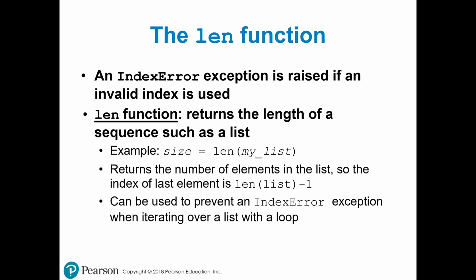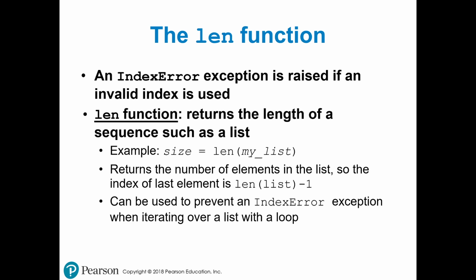All right. So if you try to use an index, let's say you want to do things in your list, and you pick an index that is outside of the range of acceptable indexes, what's going to happen is you're going to get an index error exception thrown.